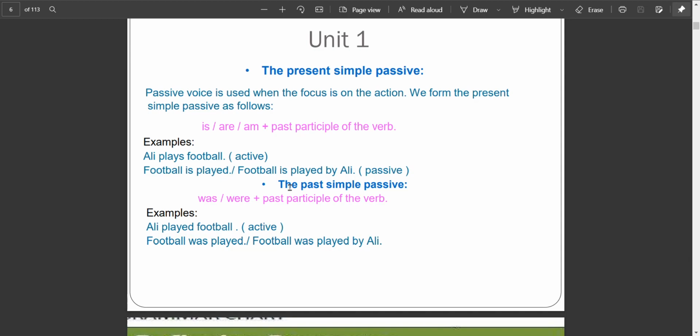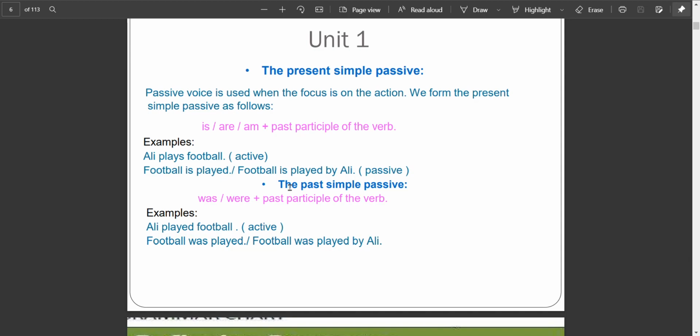The past simple passive مبني مجهول ماضي مبني مجهول بسيط. We use was, were plus past participle of the verb. نستخدم was were زائد تصريف الثالث للفعل. Ali played football. Active. طبعا نفس الصيغة علي نقول. Right? We say Ali played football.